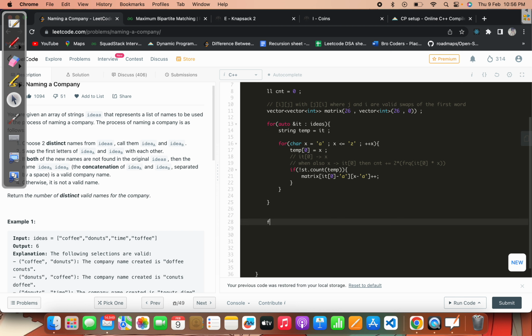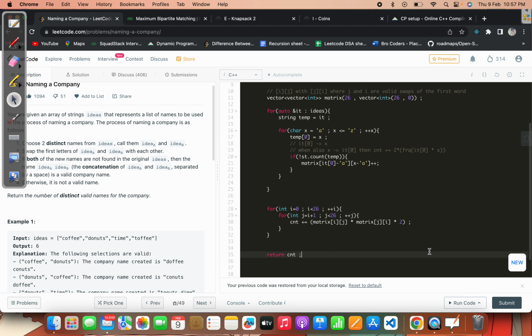And now let's just traverse over the matrix and try to see if any combinations are getting formed. And if they are getting formed, that means both of them are not 0, then we will multiply by 2 because two valid words are formed.